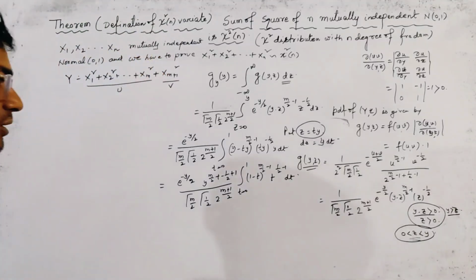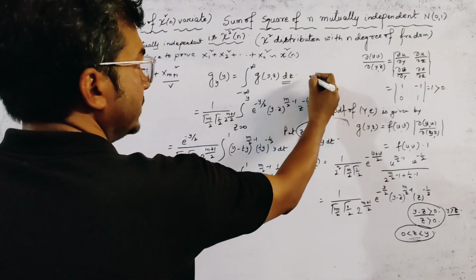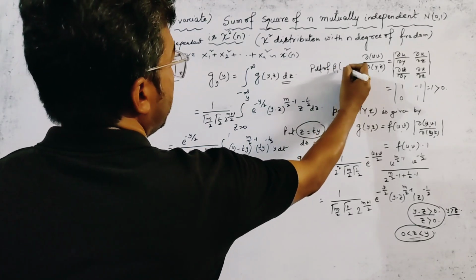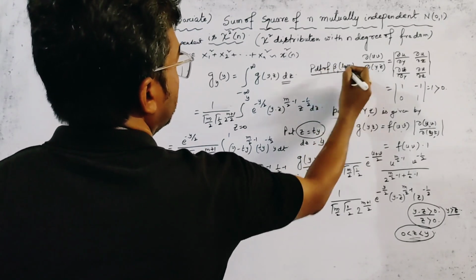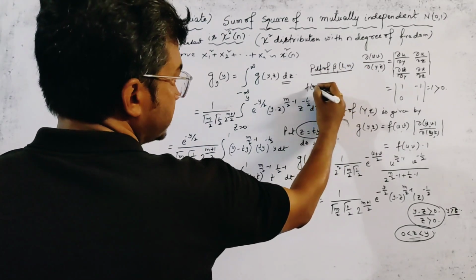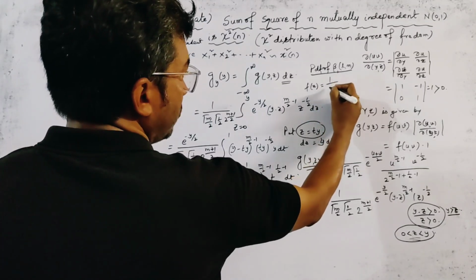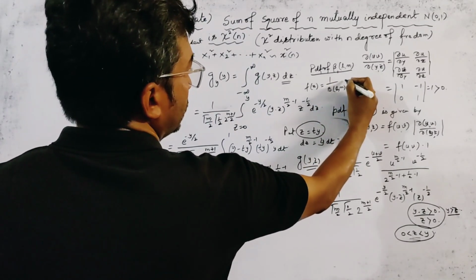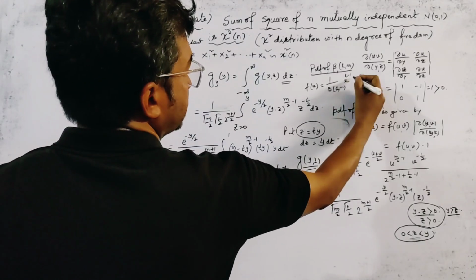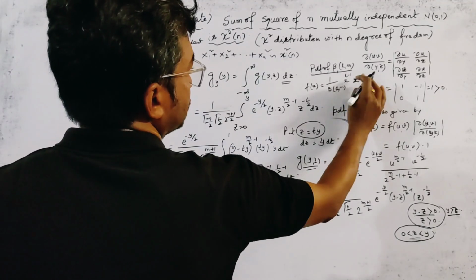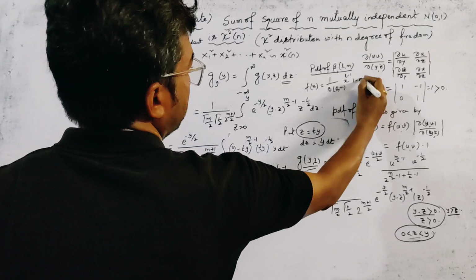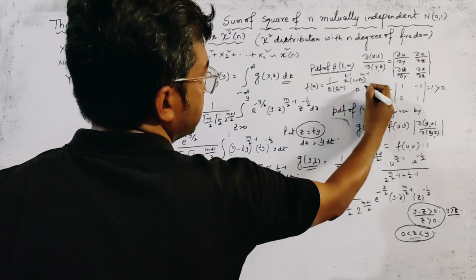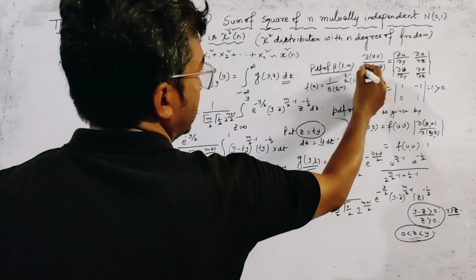Okay, now we know that the PDF of beta 1 L M, which is given by f(x), is 1 by beta L M into x to the power L minus 1 into 1 minus x to the power M minus 1, and the range is 0 less than x less than 1.